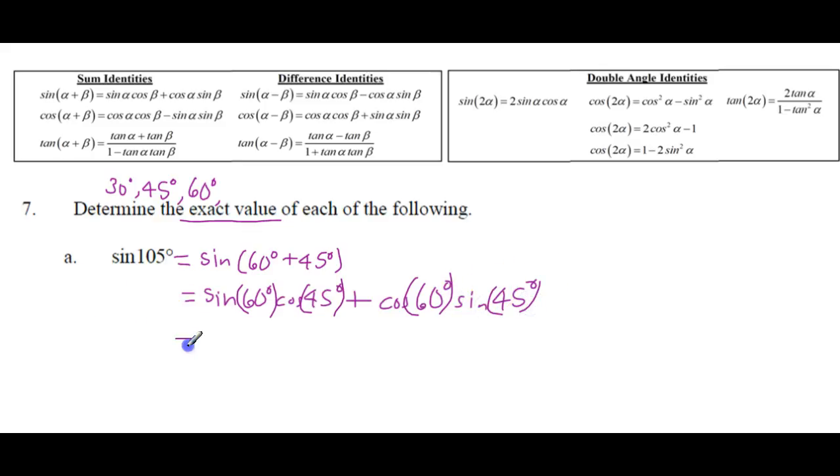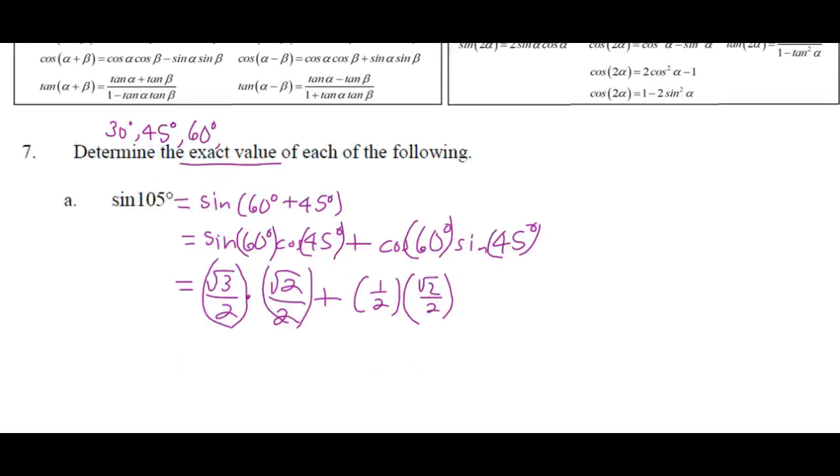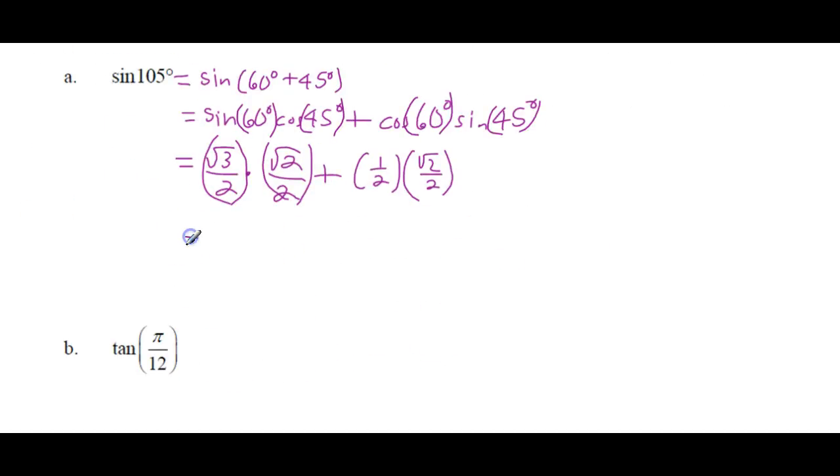So sine 60 is root 3 over 2. Cos of 45 is root 2 over 2. Sine 105 is going to be positive, so hopefully we are positive here. The cos of 60 degrees is 1/2, and the sine of 45 degrees is root 2 over 2. So what do we get?